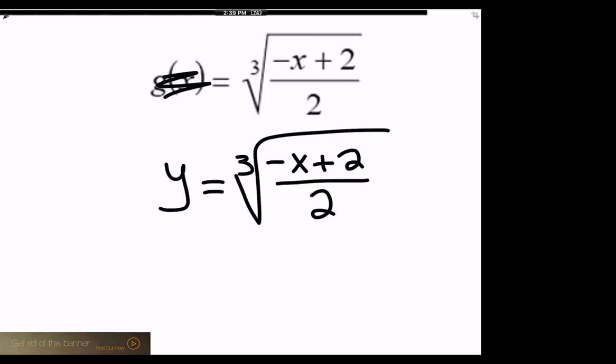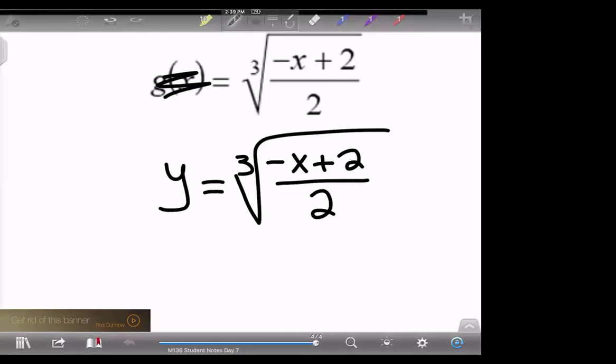Now, when we look at the right-hand side in this case, the third root comes all the way down here to the bottom. That means that that 2 in the denominator of this fraction is included underneath that cube root.